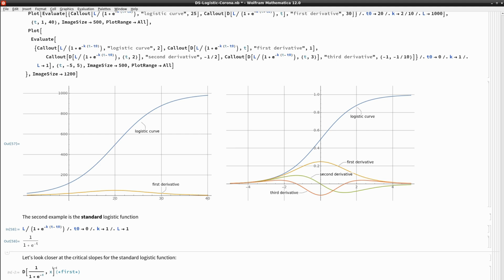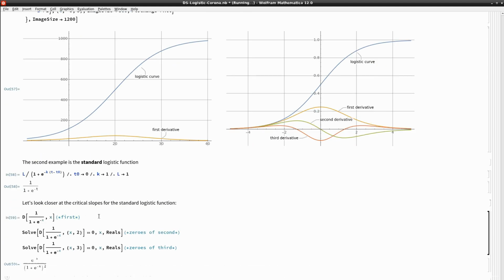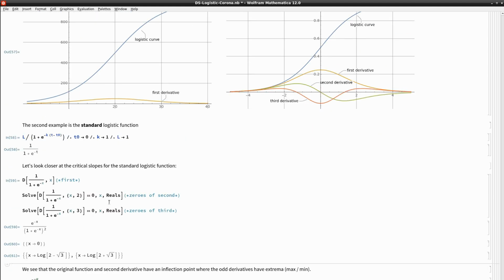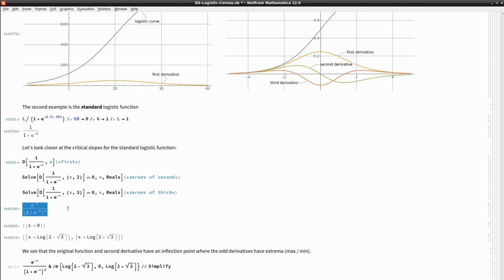Okay, next let's look at some critical slopes for the standard logistic function. I've already mentioned it briefly. Let's take the first derivative and let's compute the zeros of the second and the zeros of the third. So here we have our first derivative. The 0 of the second we already figured out, that goes to 0. While here in the standardized case it's 0. Generally it's t0, but we've set t0 to 0.